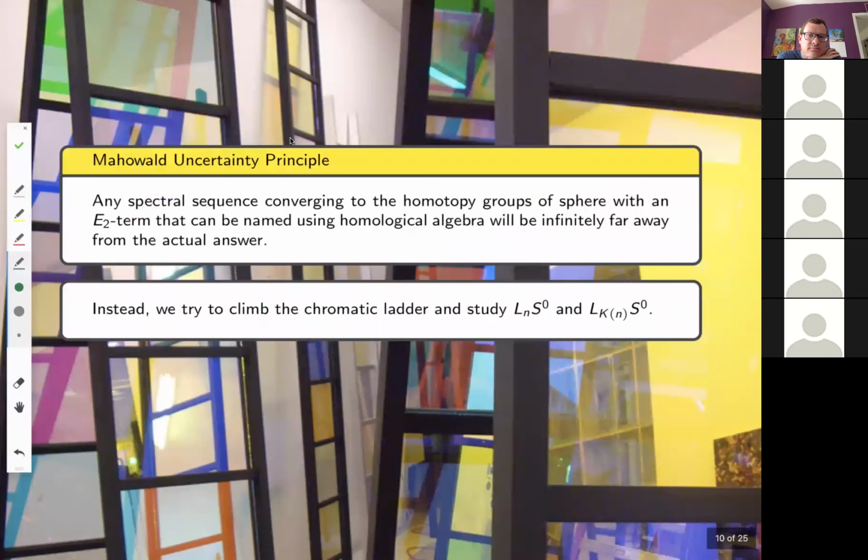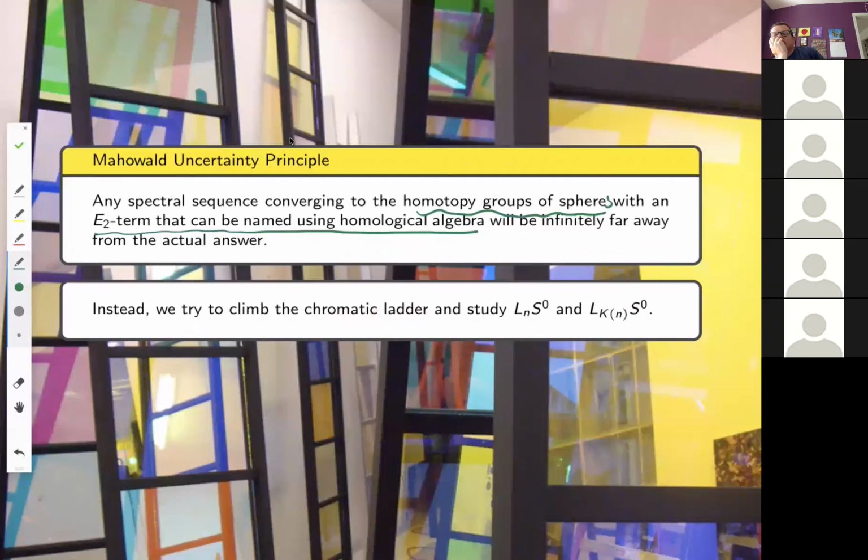However, let's remind ourselves of something called the Mahowald uncertainty principle. It says that if you have a spectral sequence that converges to the homotopy groups of spheres, and suppose that the E2 term can be named using homological algebra. Okay, so you remember that Ext over MU star MU, that was homological algebra. It's just algebra, right?